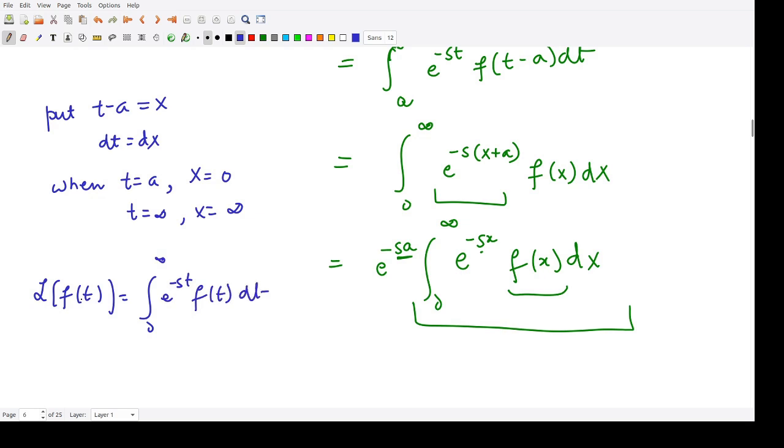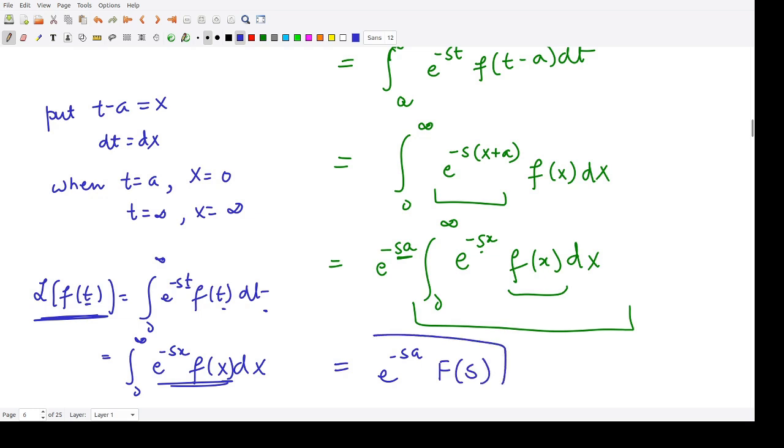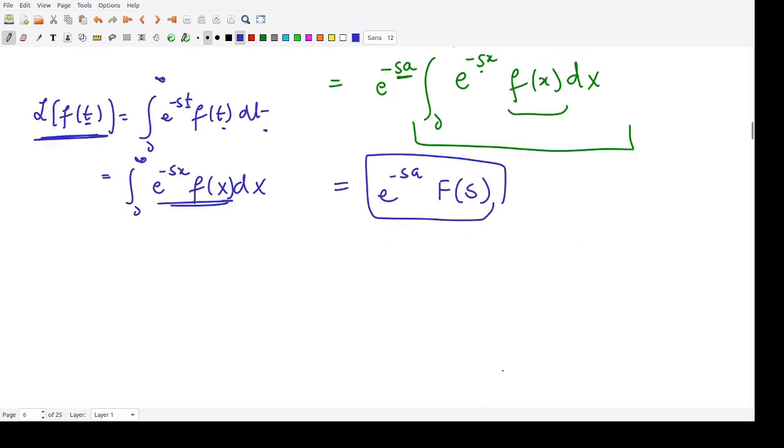If you change the variable, that won't make any difference. It would again be the integration of e to the power minus sx f(x) dx. So this quantity is nothing but the Laplace transform of f(t). And what is this? This is e to the power minus sa into the Laplace transform of f(t), that is capital F(s). So this is the proof of this second shifting property.